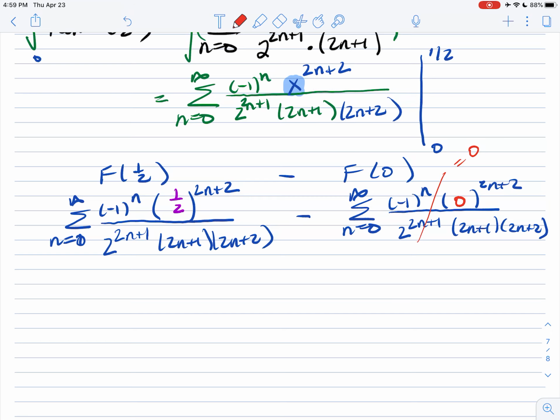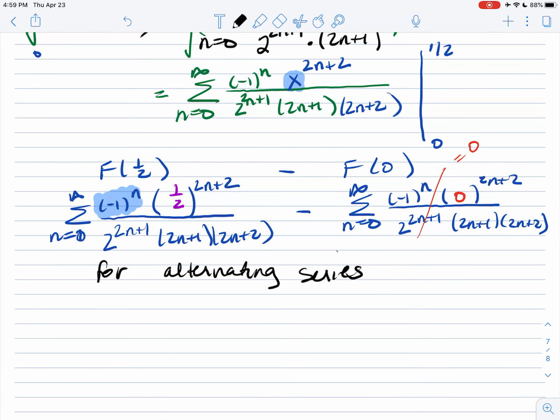So now we can just simplify this and start calculating terms, and it does ask, can you calculate the definite integral accurate to 6 decimal places? And I want to point out that we are looking at an alternating series. And remember, with an alternating series, your absolute value of R sub n is going to be less than or equal to b sub n plus 1, the very next term.